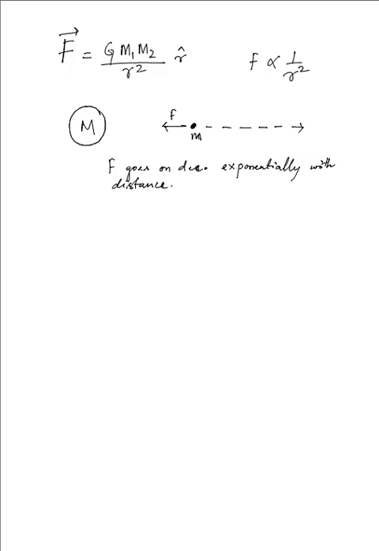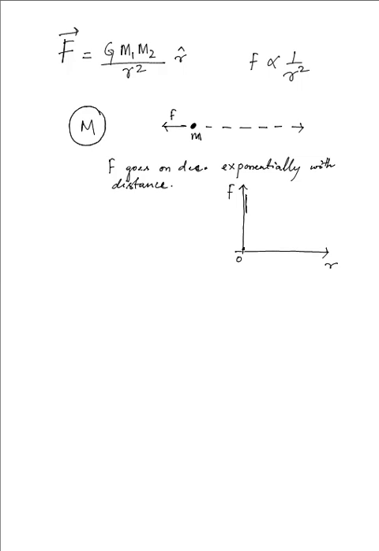Now, the result that we can come up with is something like this. Graphically, we have this value to be somewhat like this. Let's take the distance on the independent axis and the force on the dependent axis. As the distance is zero, anything divided by zero is undefined, so the force is infinity.